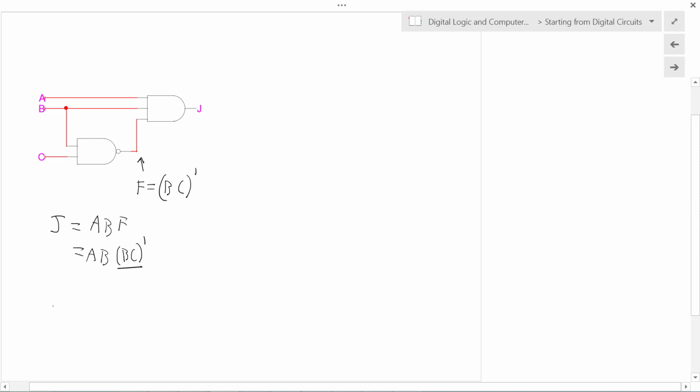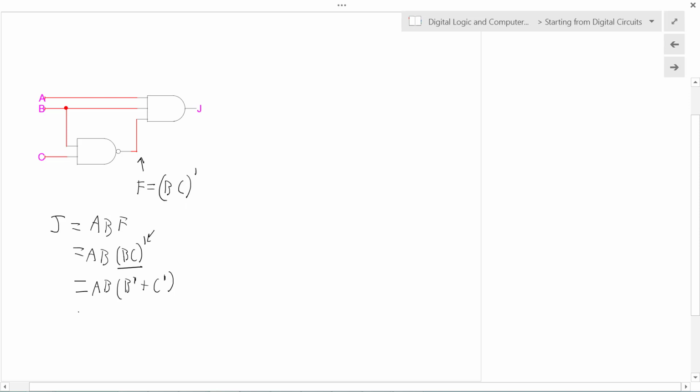Let's use De Morgan's law on this quantity here, and we get A ANDed with B, and we have B prime or C prime. Because we distribute this prime here, it changes AND to OR, and we have B prime here ORed with C prime.